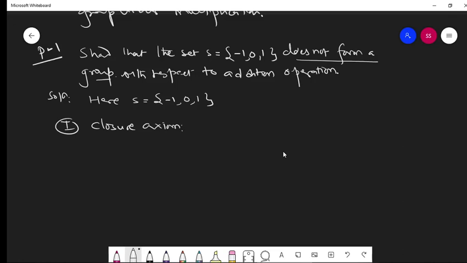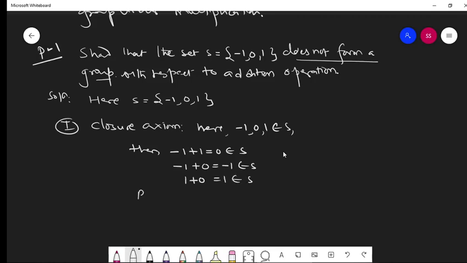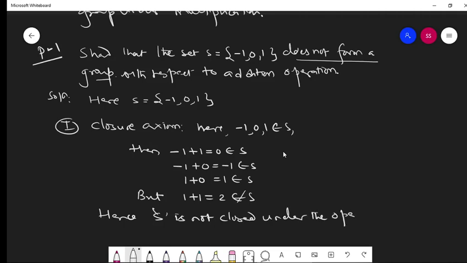While checking the closure axiom, -1, 0 and 1 belong to S, then -1 plus 1 equal to 0 belongs to S, -1 plus 0 equal to -1 belongs to S, and 1 plus 0 equal to 1 also belongs to S, but 1 plus 1 equal to 2 does not belong to S. Hence S is not closed under the operation plus.